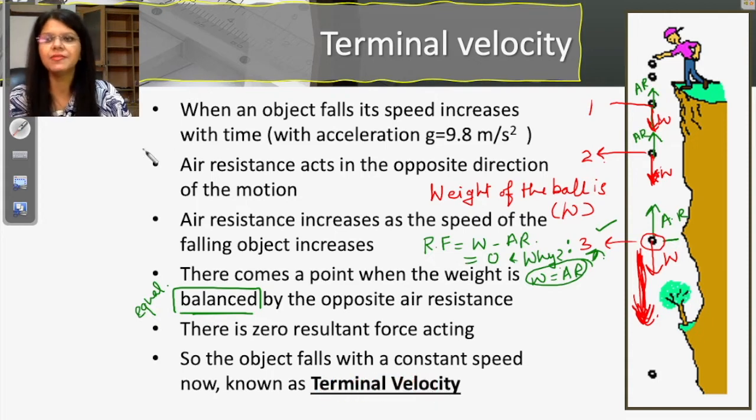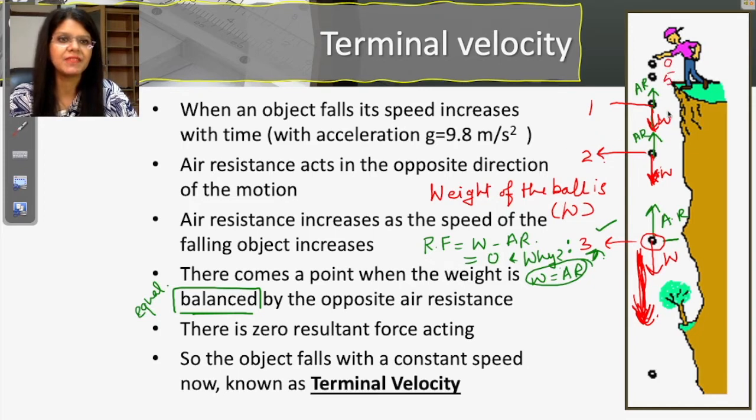Let us take a few imaginary numbers. Say that the velocity here was 0 starting, then it became 5, 10, 50 and 100. Say the velocity became 100. After this location 3, these are say meters per second.